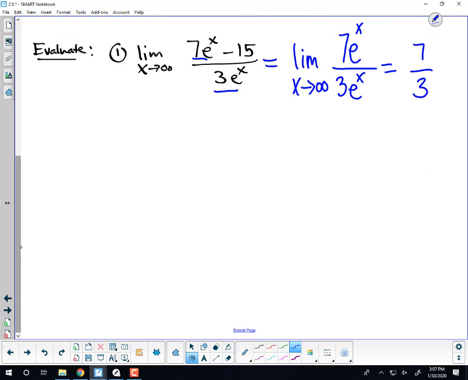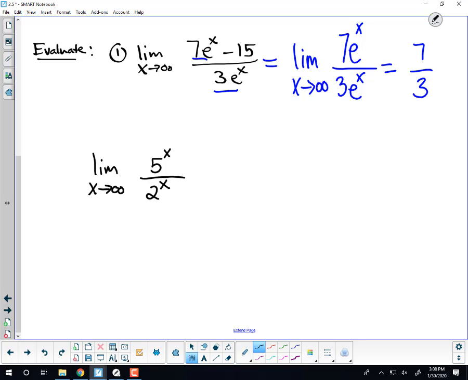And there are certain things we haven't addressed, like what about an exponential function like 5 to the x over 2 to the x? What do you think about that limit? Both go to infinity.